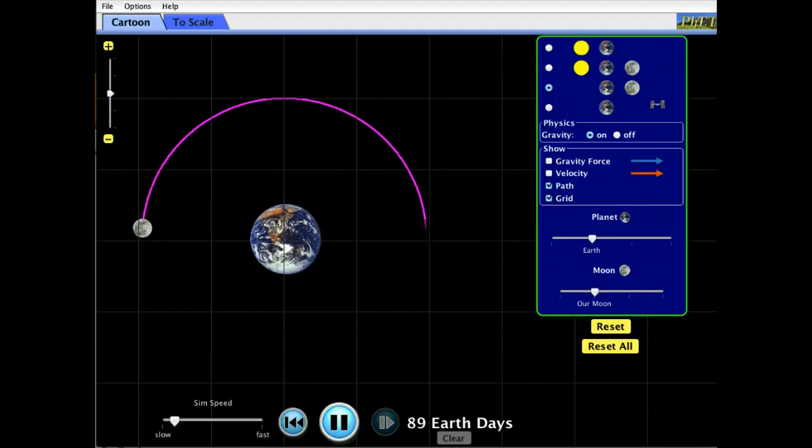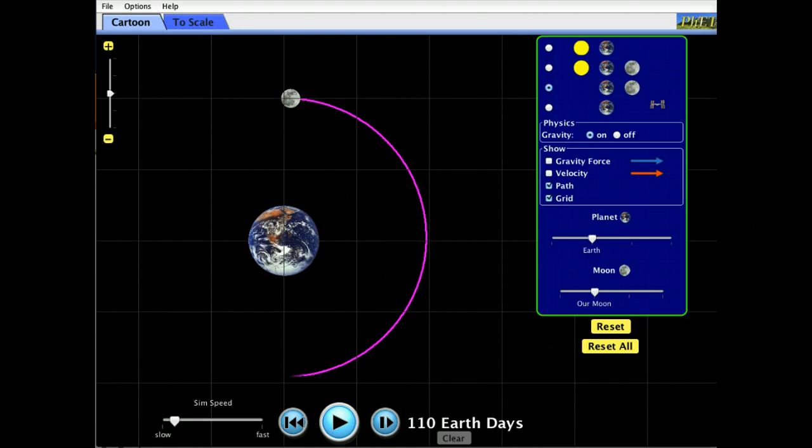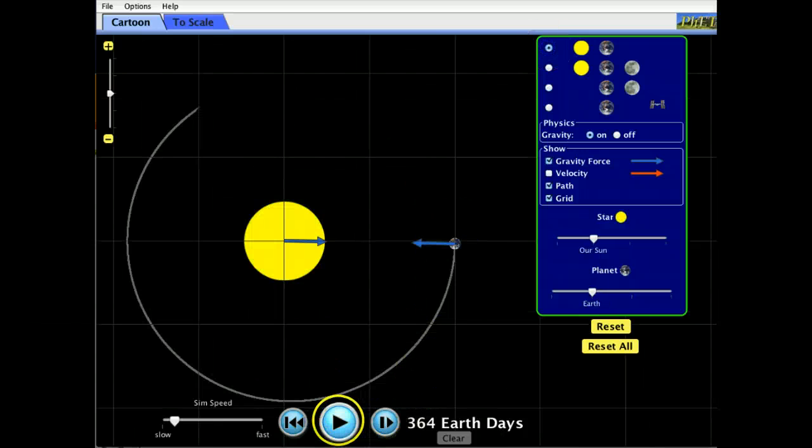Part 2. Explore the simulation to determine what keeps the Earth in orbit around the Sun. So we're going to stop this, and we're going to follow the directions. Click on gravity force. So we want to see which way, we're going to go back to the Sun and the Earth. So we're going to say, what do you think these gravity force arrows represent?